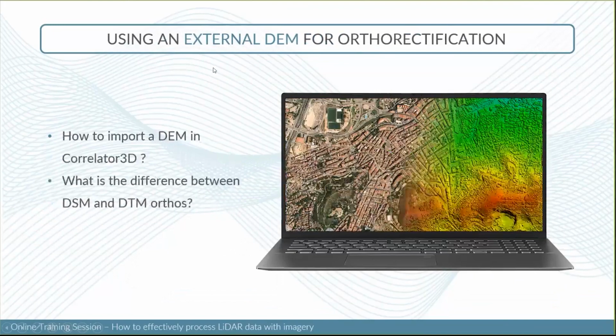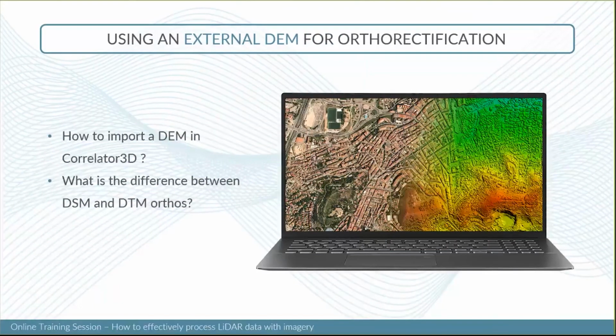So once you're satisfied with your AT, you'll be able to use your LiDAR DEM for the ortho rectification. One thing that's quite important is you could use your LiDAR DEM instead of generating your own image matching DEM, if you don't really need it.